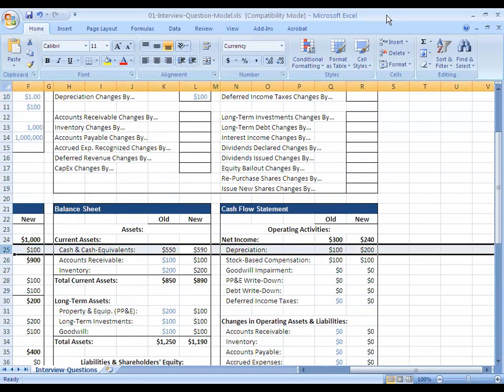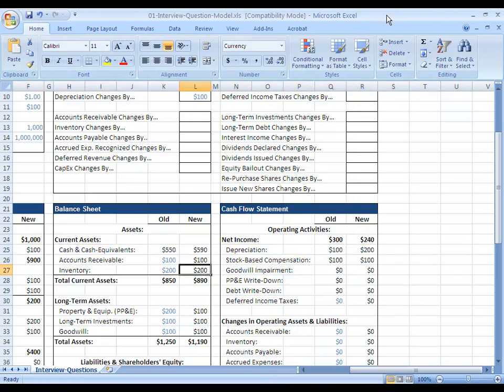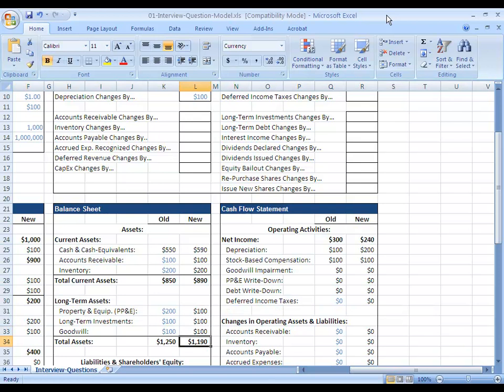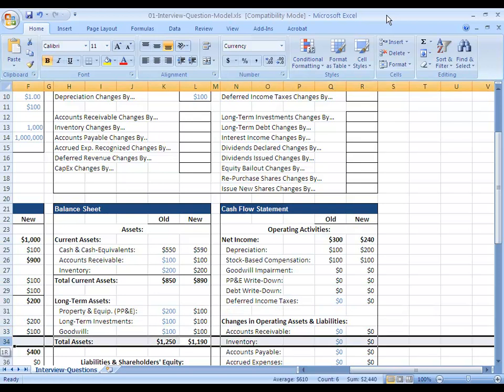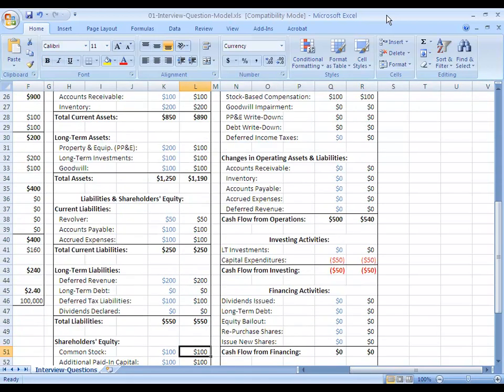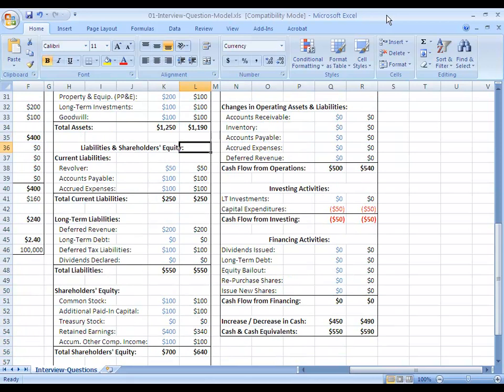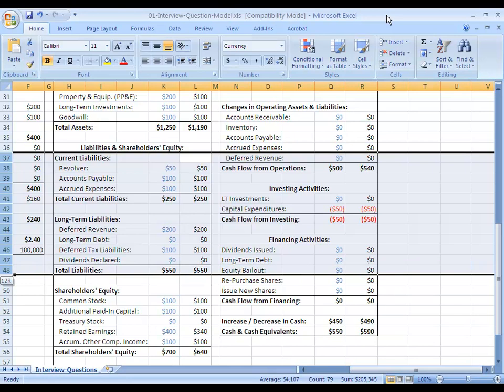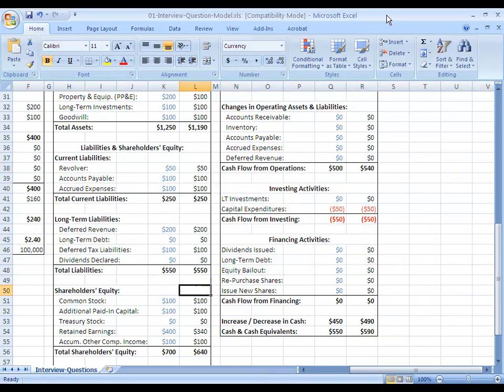Now, on the balance sheet, what happens is on the asset side, cash is up by 40, and then plants, property, and equipment, PP&E, is down by 100, because this depreciation expense of 100 is directly reflected in the net PP&E number here. So overall, our total assets are down by 60 in this case. Now, on the liabilities and shareholders' equity side, no changes to the liabilities account, because depreciation does not affect any of our liabilities.